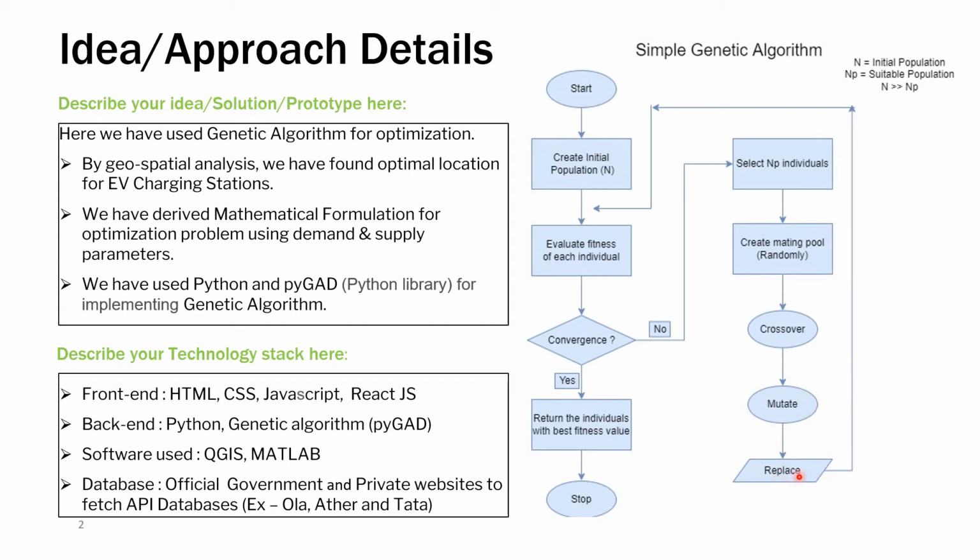Then we replace the old population with this new population, and again the fitness value is assigned. Again we check convergence; if yes, it returns those values and stops. Otherwise, the iteration continues.